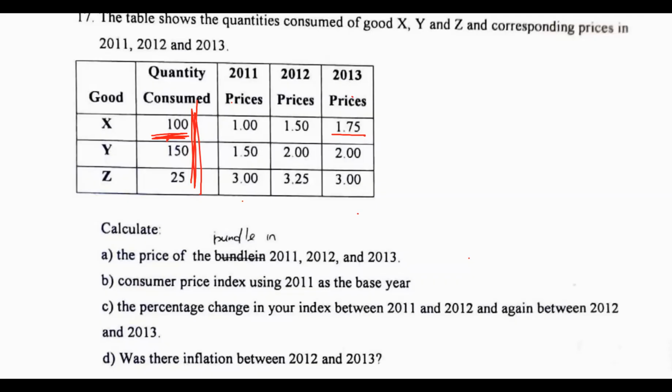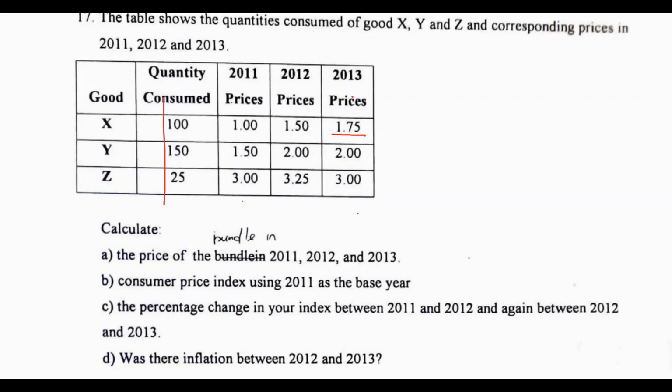I don't know if you're following. Since the quantities have been fixed, these same quantities are the same for each year. Have you followed? It would have been easier to get if these quantities were different for each year, for 2011, for 2012, and for 2013.